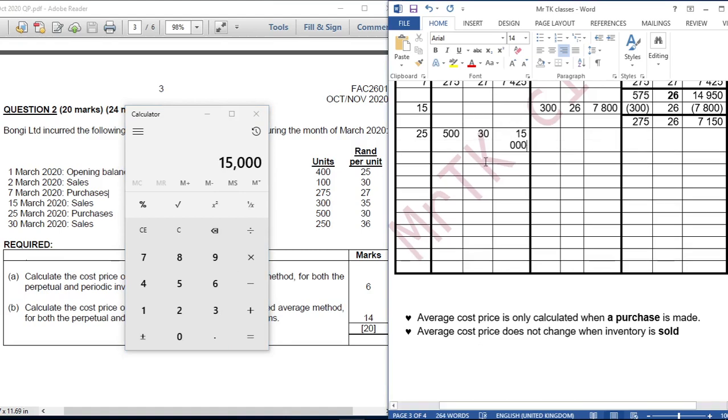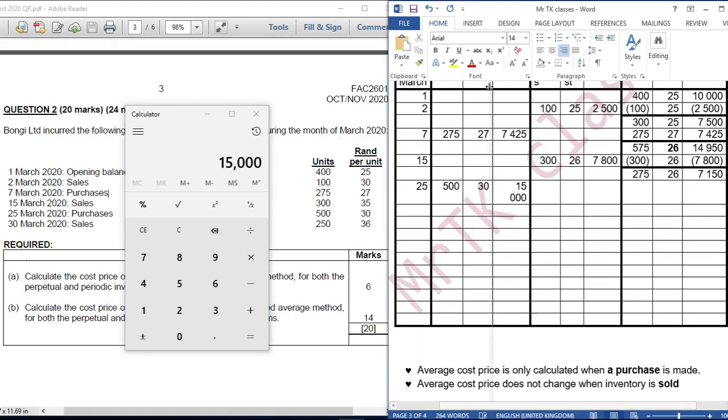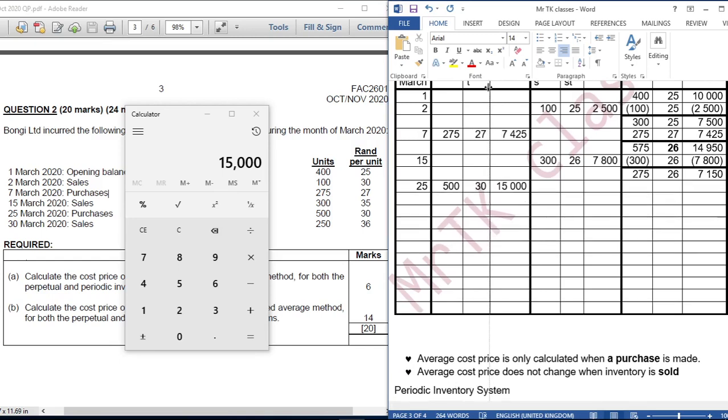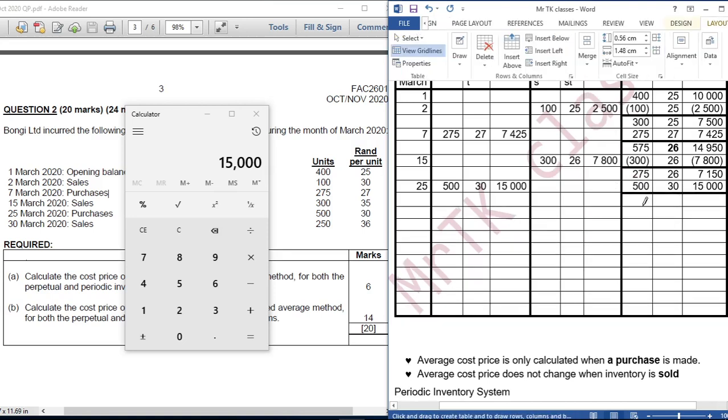So we come here and say we bought 500 more at 30, and the total is 15,000. Now we need to average because we have different cost prices here. We just bought, so let us average our cost price.